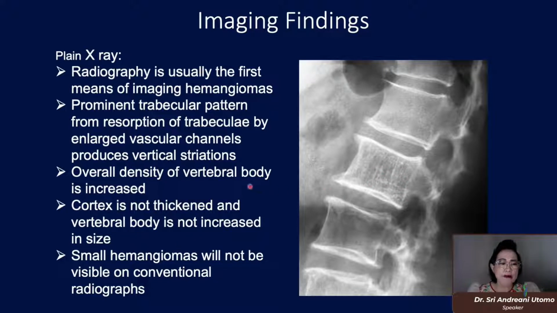Overall density of the vertebral body is increased. The cortex is not thickened, and the vertebral body is not increased in size. Small hemangiomas will not be visible on conventional radiographs.